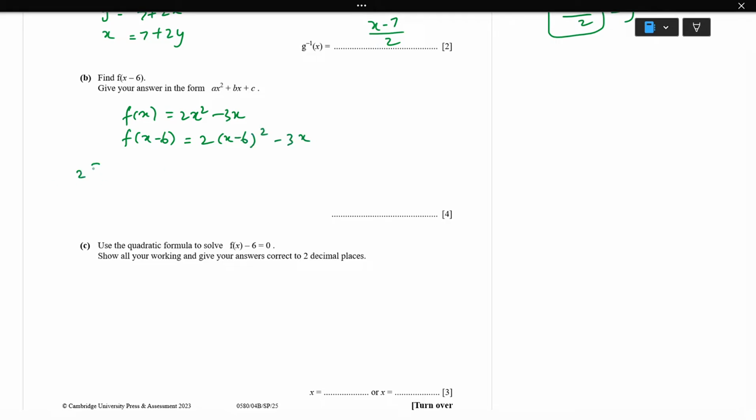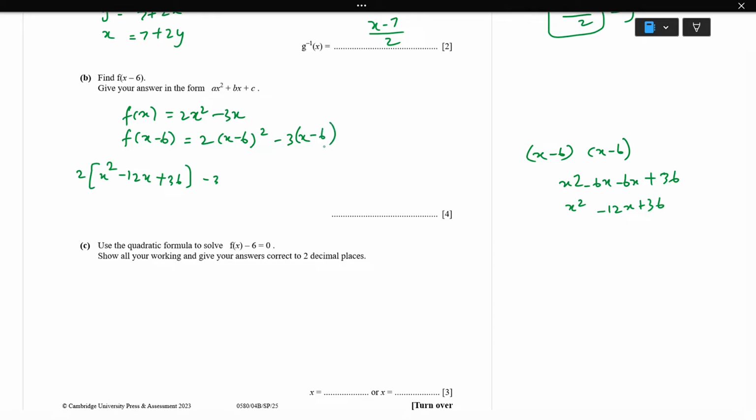So I'll expand here: x minus 6 times x minus 6, which is x square minus 6x minus 6x plus 36, which is x square minus 12x plus 36. So I'll substitute here x square minus 12x plus 36 minus, oh, here also we need to substitute x minus 6, sorry.